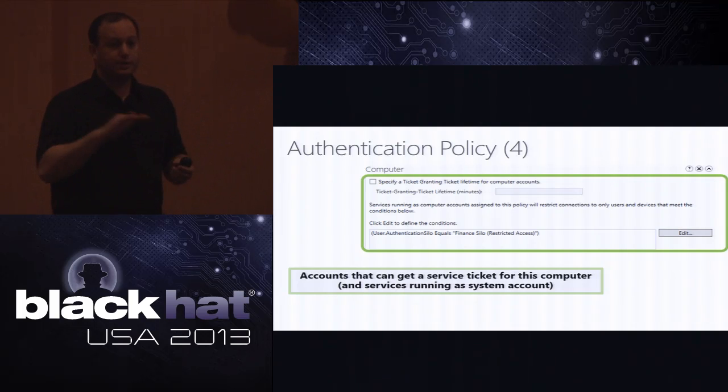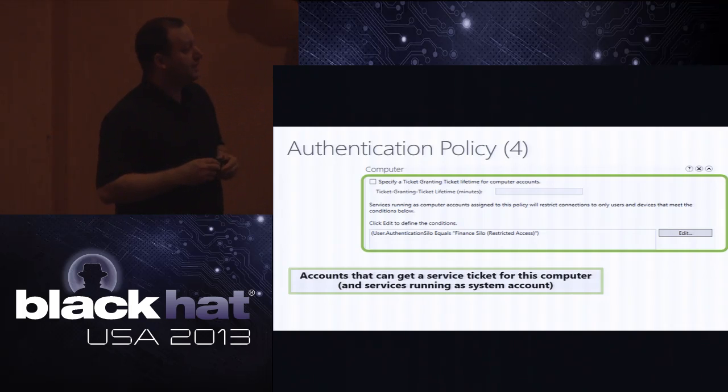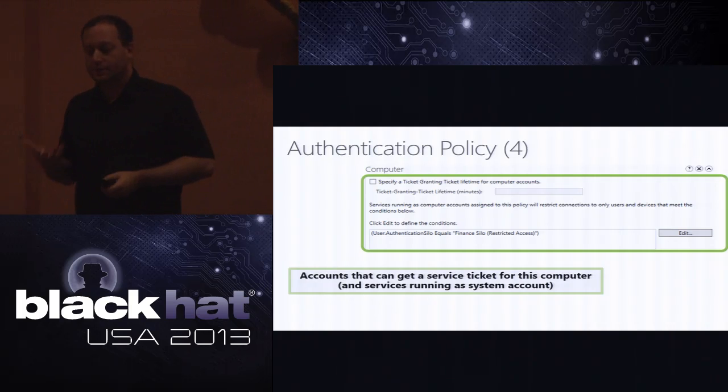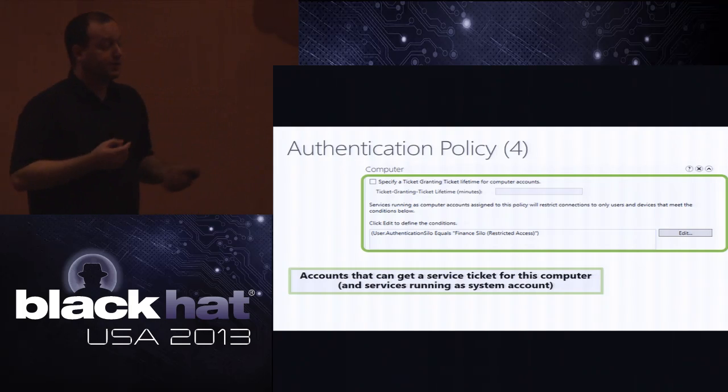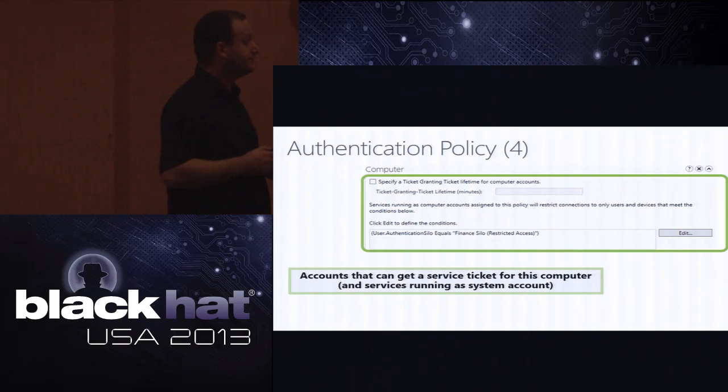Because the computer is the initial part of that, the computer doesn't have another identity where it authenticates to. So the only control you have is who can get a service ticket to it. Because many services, which are the target of authentication, are running under the computer system account, local service, local system, in which case you can restrict who can authenticate to that machine.